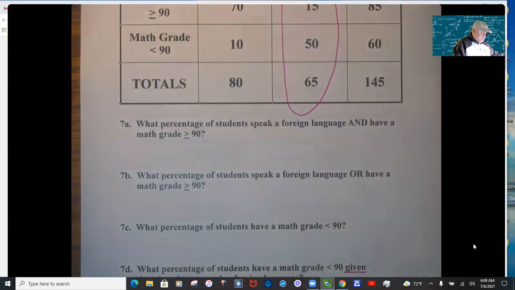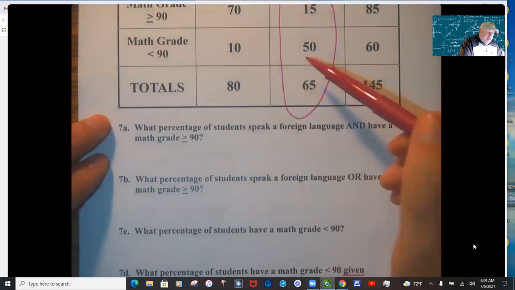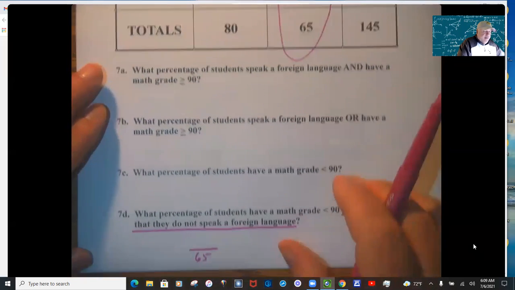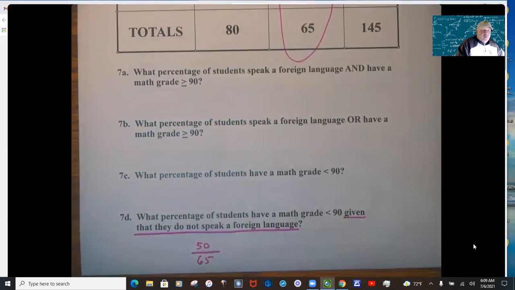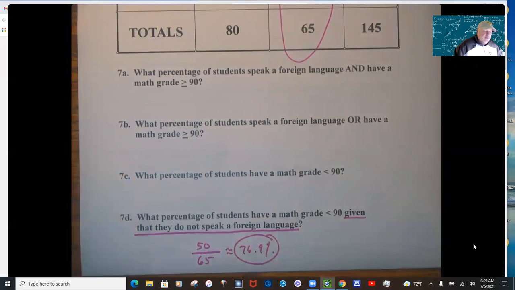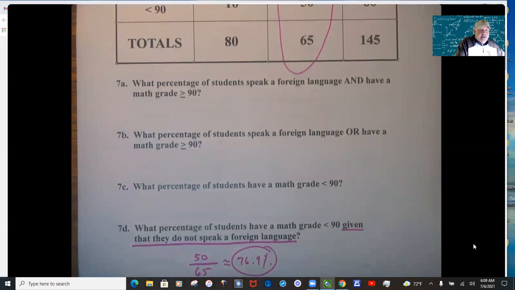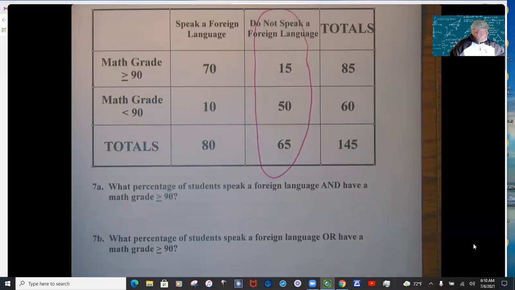And those that have a math grade less than 90, so 50 out of the 65. Then just turn it into a decimal and then a percent. So 0.769, and then turn it into a percent, 76.9%. That's the odd one out. The rest of these all have denominators of 145. This total right here is the total of everything we're dealing with.